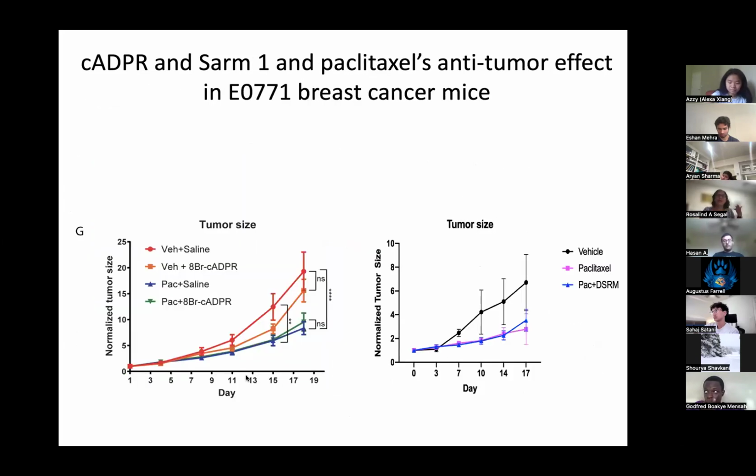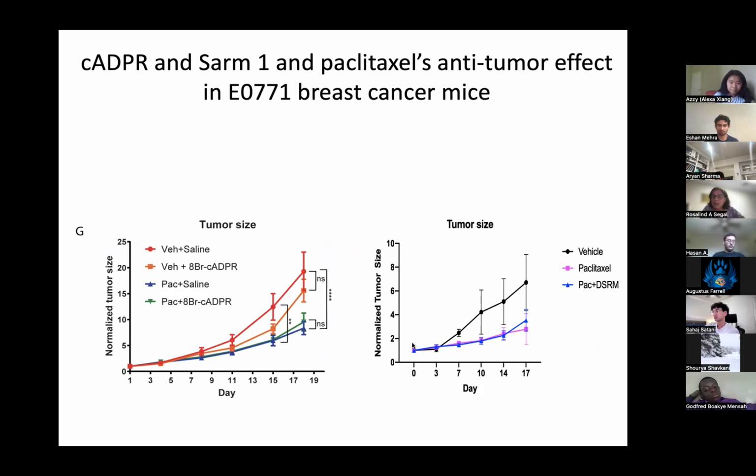Okay, because we're doing this in a tumor that's susceptible to paclitaxel, we can measure the tumor over time. You can see here that the tumor is growing. Treatment with paclitaxel in this blue line really reduces the growth.